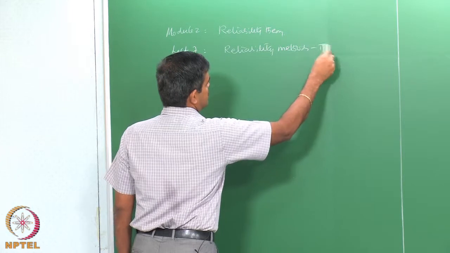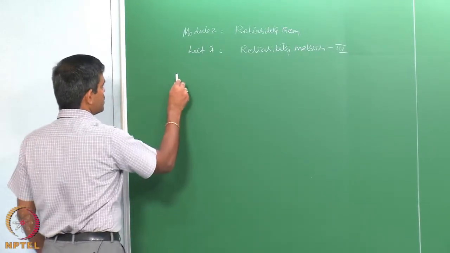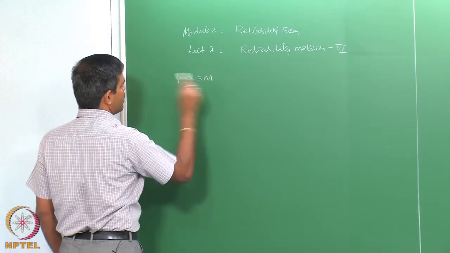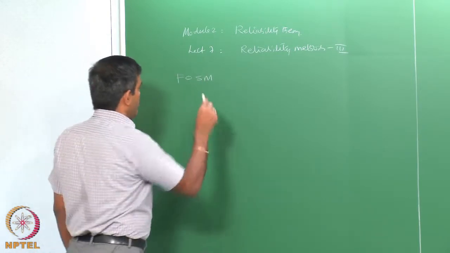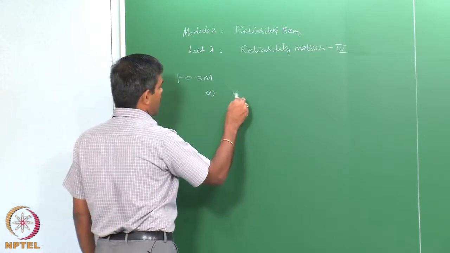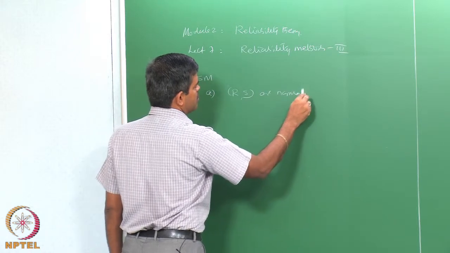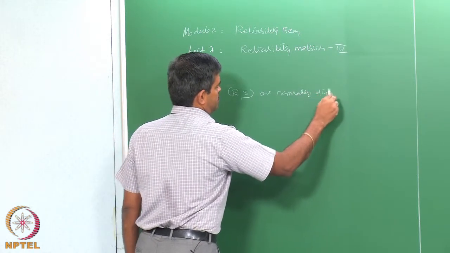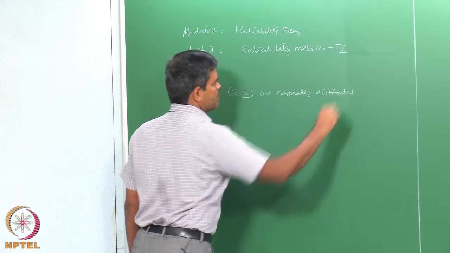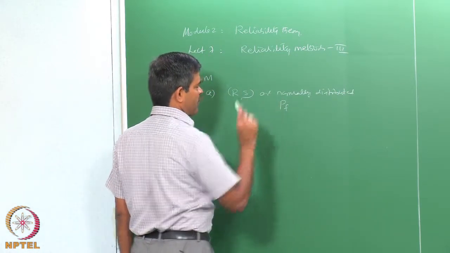So, I put this as 3. In the last lecture, we discussed the first order second moment method. We also covered a case where the variables R and S are normally distributed, and we gave equations and expressions for finding the probability of failure.